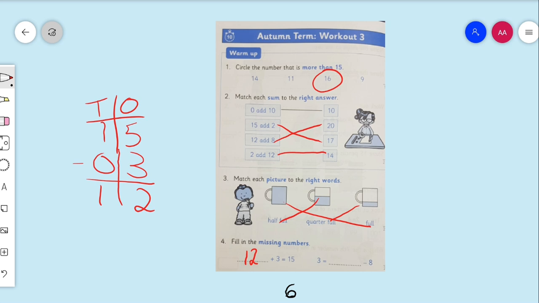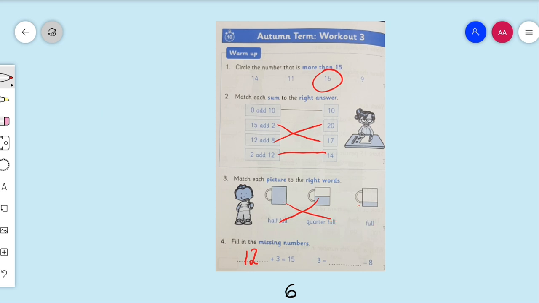Okay, so the second one is 3 is equal to something take away 8.